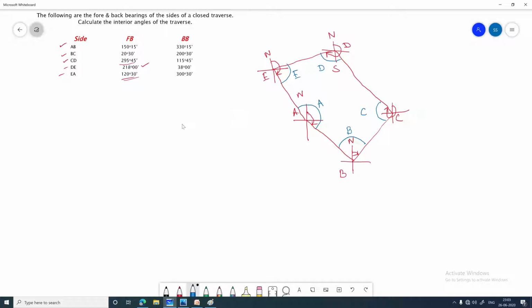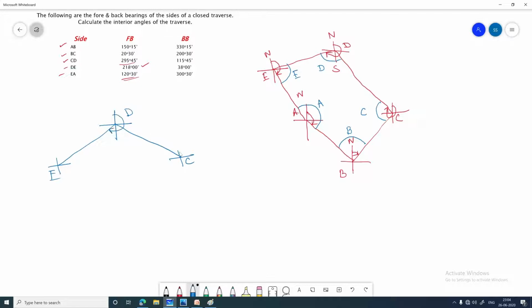So let's start. First we determine the value of angle D. So I am just drawing it over here. Here I have the point E and here I have the point C and here I have the point D. Now what value do I already have?